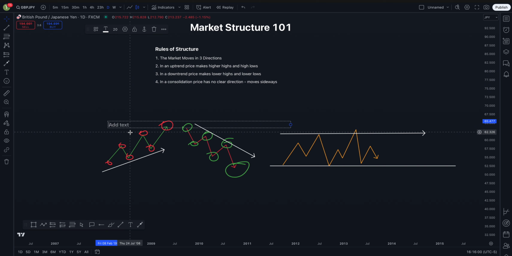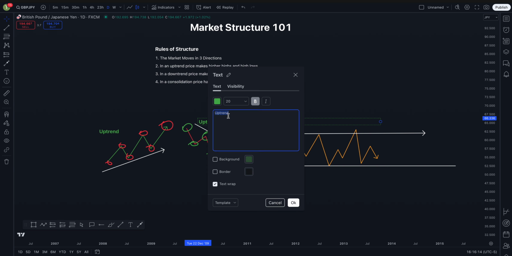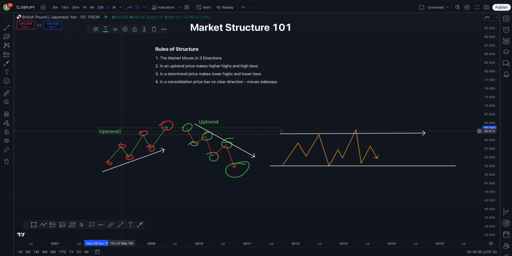This is an uptrend. Put this in green. This is a downtrend. Also known as bearish market. This uptrend is also known as bullish market.